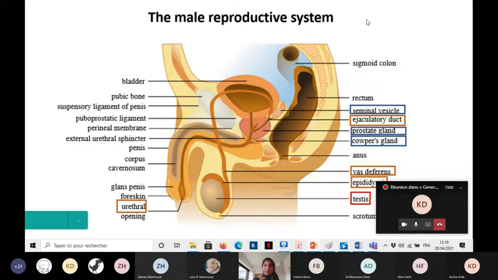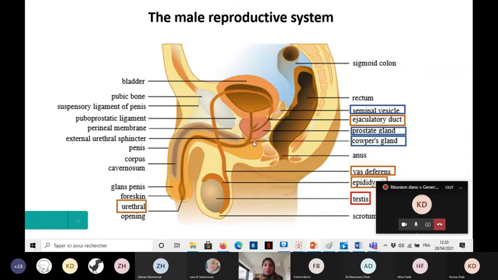We said they are the accessory glands, which are the prostate gland. Here we have the prostate gland and the seminal vesicle. We have two seminal vesicles, one on each side, and the Cowper's gland, which is also called the bulbourethral gland. We will see it later.